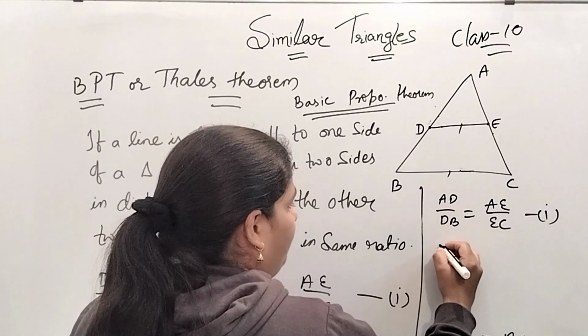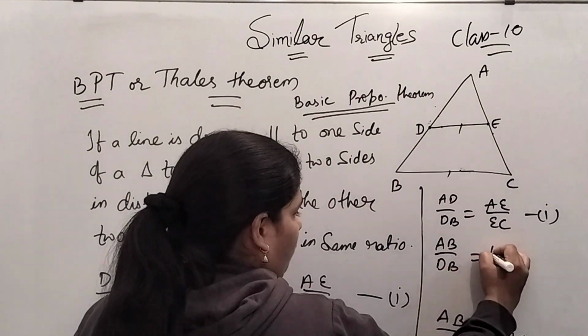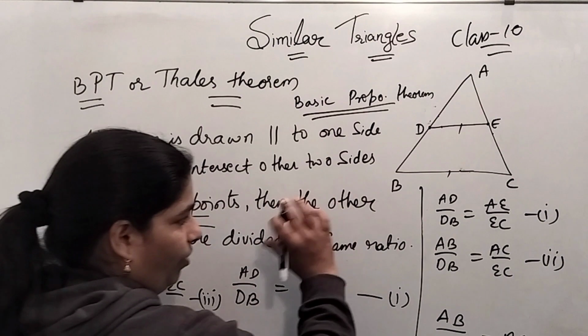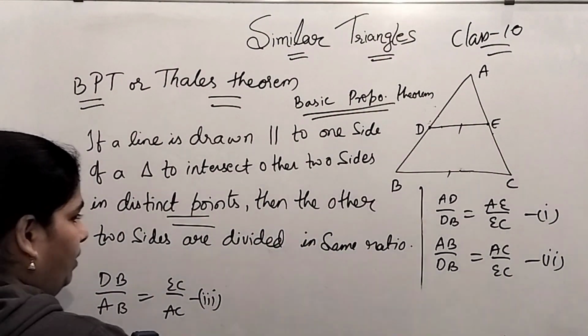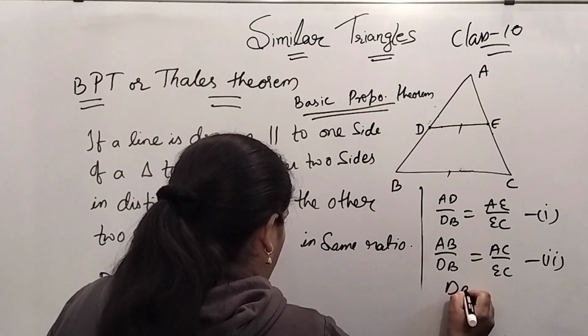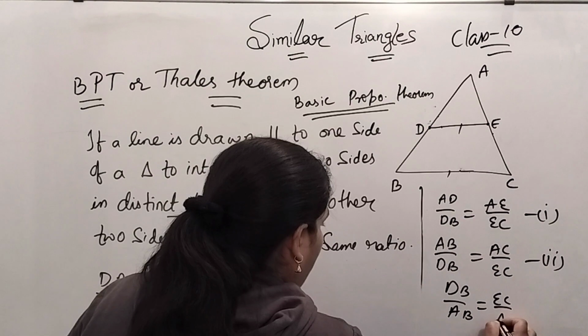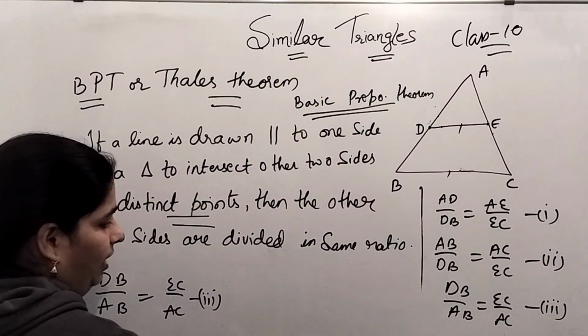The second one, after adding 1, we have got the result AB by DB is equal to AC by EC. This is the second result from the given equation. And now the third one, that is DB by AB is equal to EC by AC. This is the third one, by taking the reciprocal of the second equation.